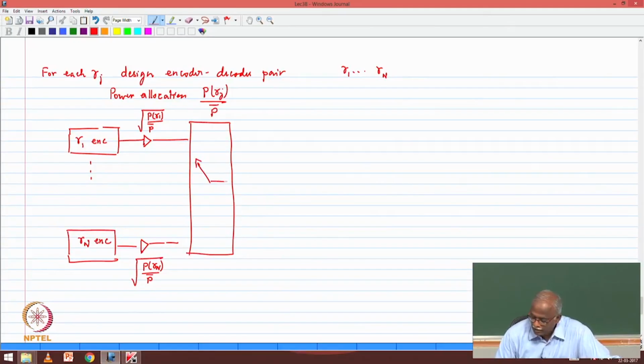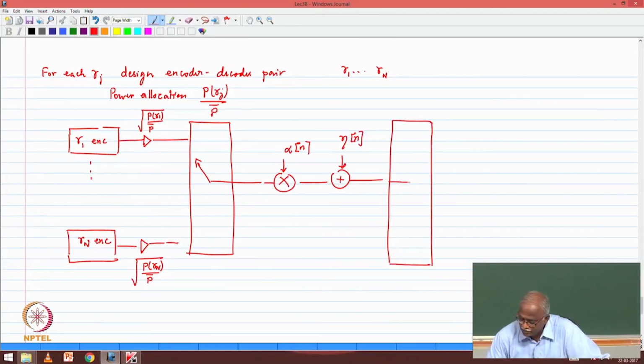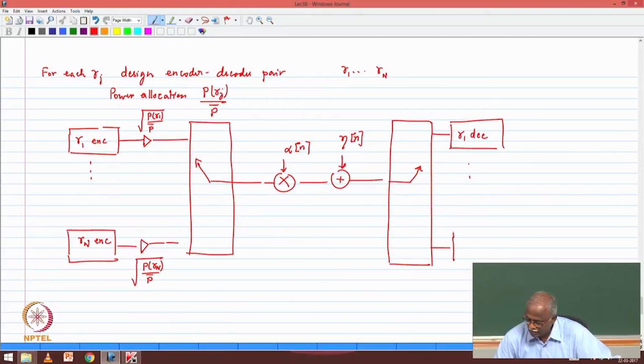Okay. This goes into the channel. Channel will give you the multiplicative factor alpha of n, the additive noise eta of n, and at the receiver I have a simple demultiplexing switch which says this is gamma 1 decoder all the way to gamma n decoder.